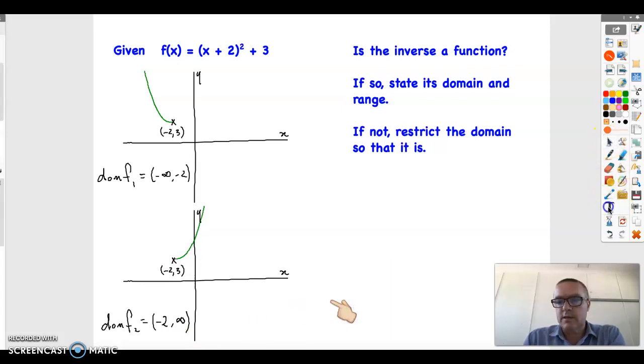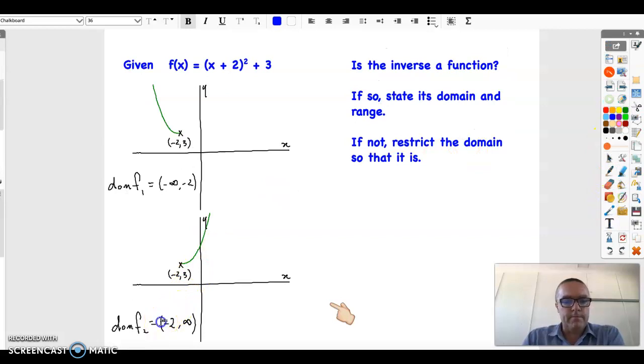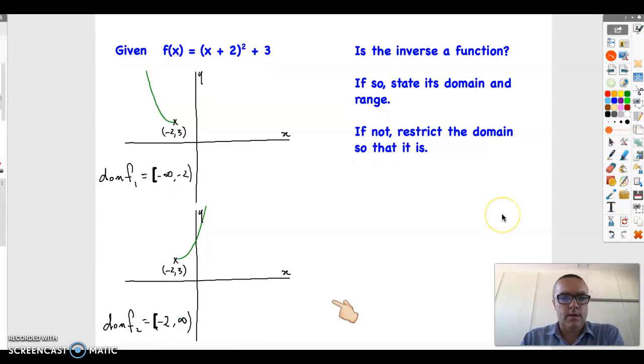And actually, both of these functions should have square brackets. I'm just going to pop those in. Okay, so I've fixed up those domains. We've got square brackets because it includes the value x equals -2. Now the reason for doing this is that both of those functions are now one-to-one functions.